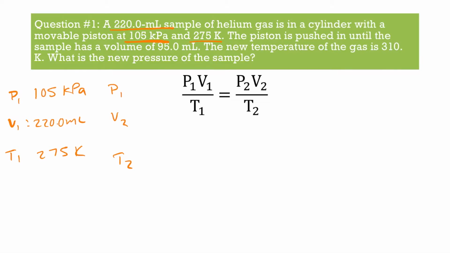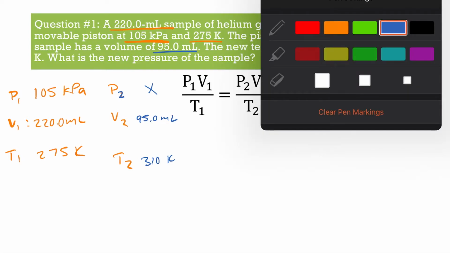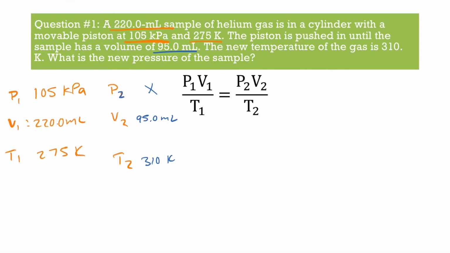Now we look at the final conditions. Again, we have this before and after situation. The piston is pushed to 95 mL, so that's our volume 2. The new temperature is 310, that's T2, and we're looking for P2. So now all of your variables have been pulled from the question, and we're ready to get started. Here we have all the variables. Now we have 5 of them. We have to solve for that 6th.